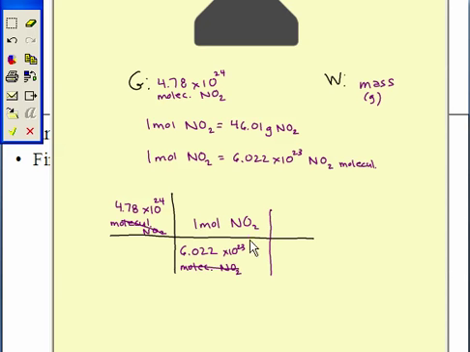A lot of times I catch myself in mistakes at this point. Alright, I have mole here, so I need mole down here. And this is the conversion factor I'm going to use. 46.01 grams of NO2 is what goes on top. My moles of NO2 cancel out, and I have grams of NO2, which is exactly what I want.